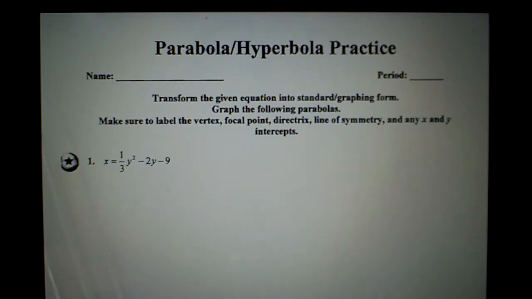So I'm going to copy the graphing form up here. We did our algebra, and this is y minus 3 squared is equal to 3x plus 12. So again, my vertex is negative 12, 3, and 4p is equal to 3, therefore p is equal to 3/4.